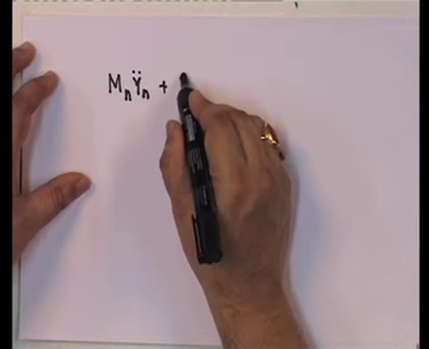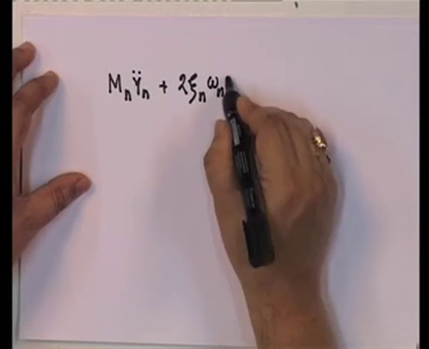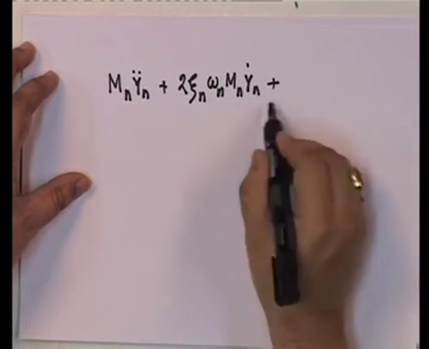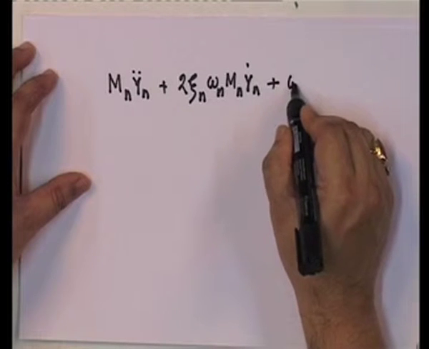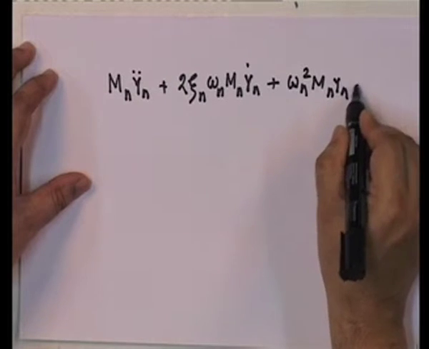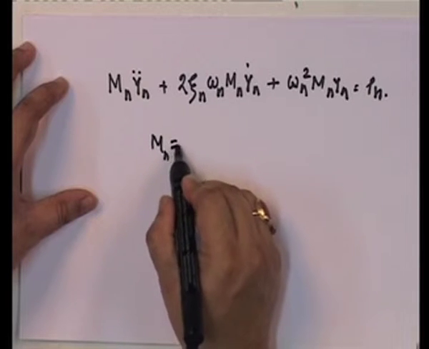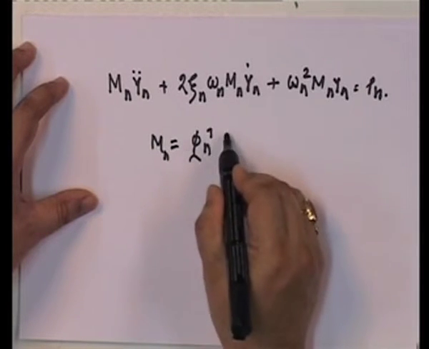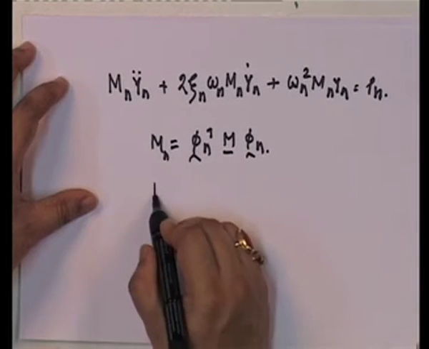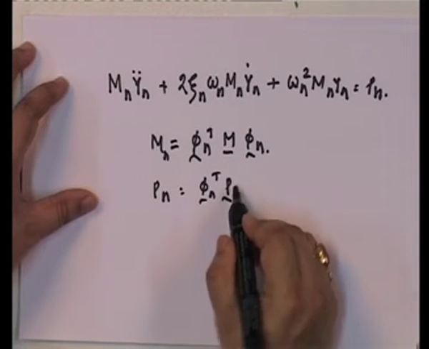And then we talked about how we include damping, where m n is equal to phi n transpose m phi n and p n is equal to phi n transpose p.